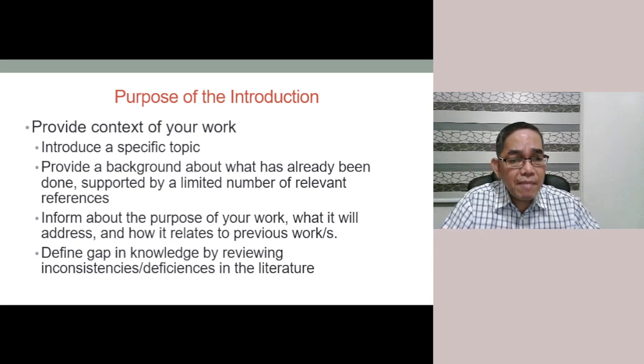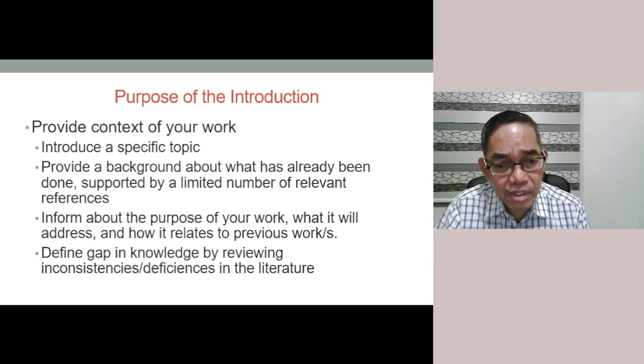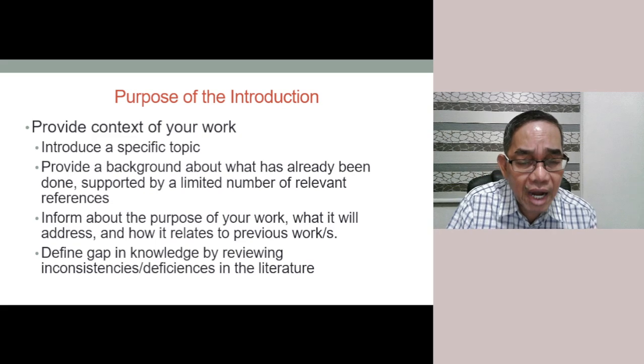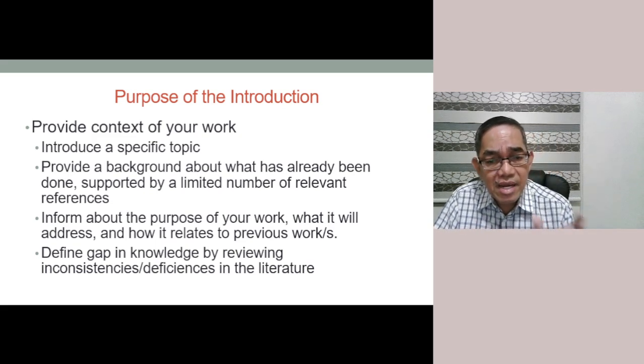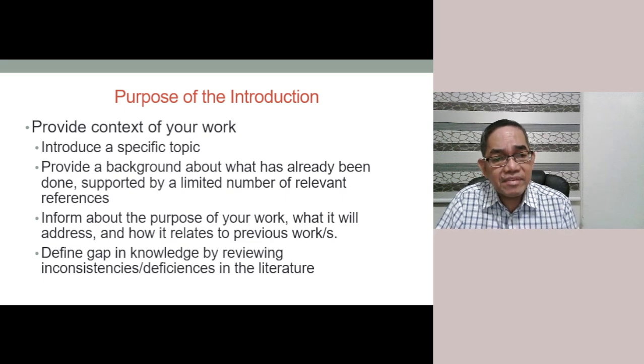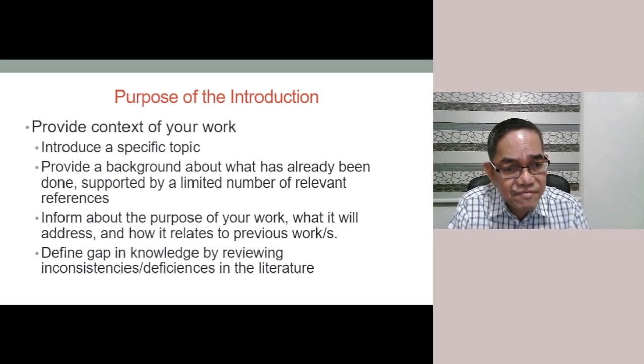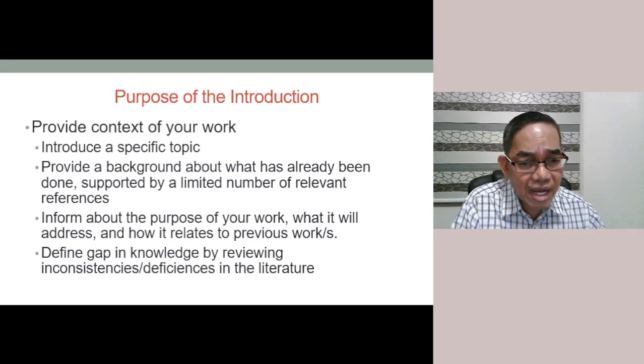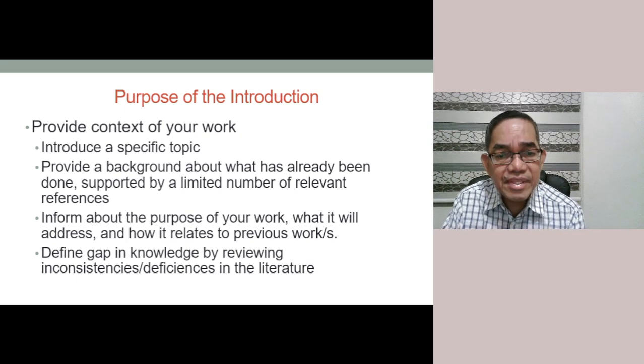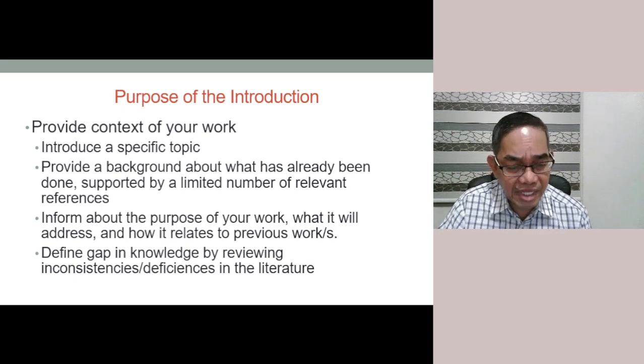And it should be able to provide a background about what has already been done, supported by a limited number of relevant references. So from the specific topic, from the problem that you have identified, you provide a background, what has already been done, and then a limited number of relevant references.